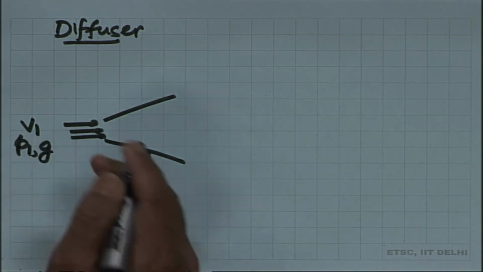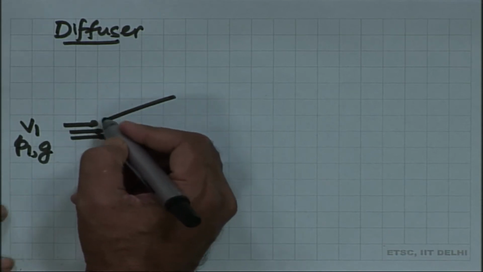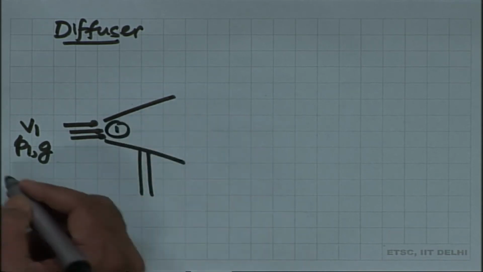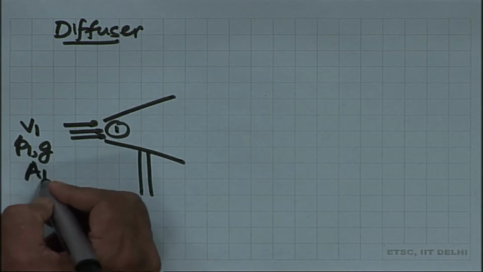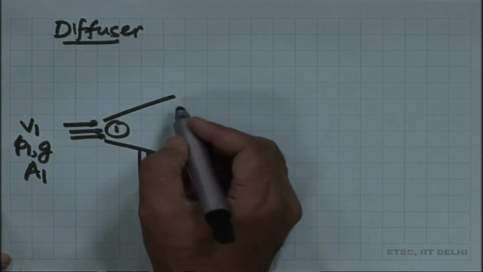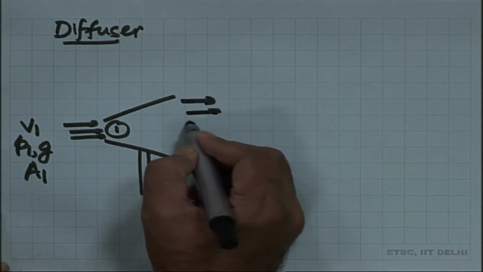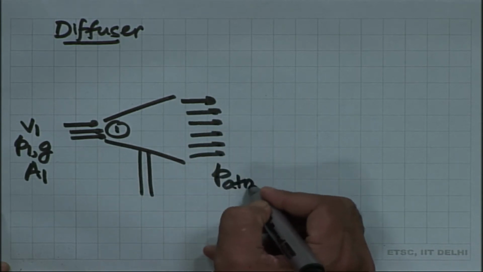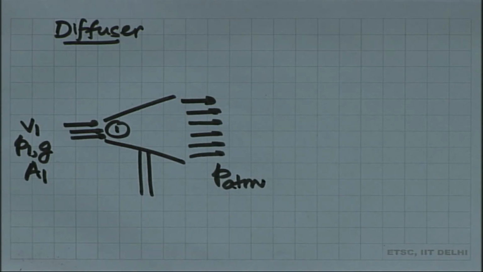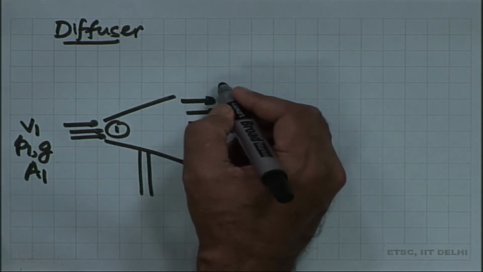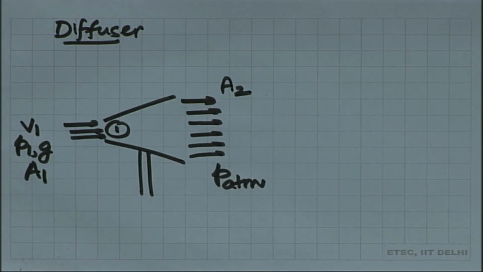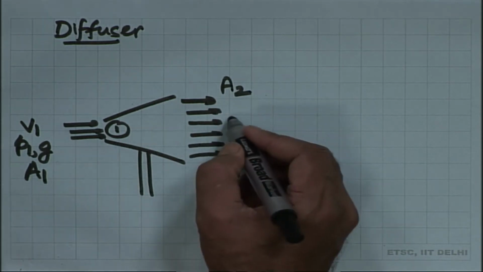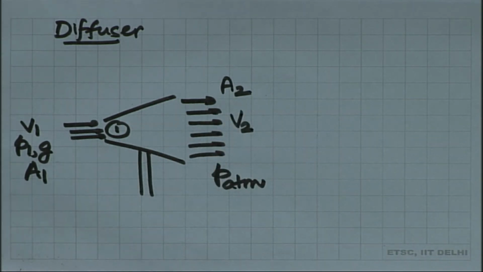The gauge pressure at section 1 is P1 gauge and the area is A1. Its exit is to atmosphere, so the pressure is P atmosphere. The area at the exit is A2 and the velocity here is V2.